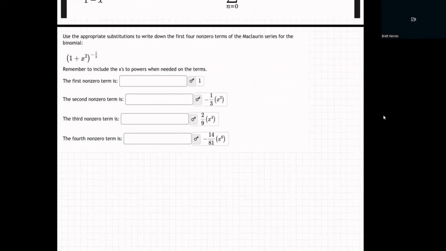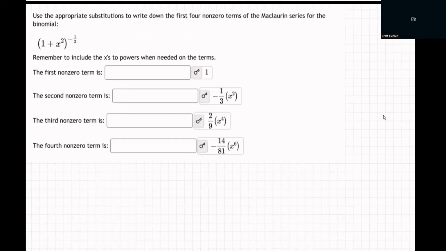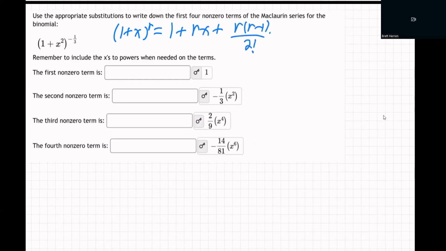So let's do it. It says 1 plus x to the r power is 1 plus rx, and then r times r minus 1 over 2 factorial x squared plus r times r minus 1 times r minus 2 over 3 factorial x cubed plus etc. It just keeps on going.